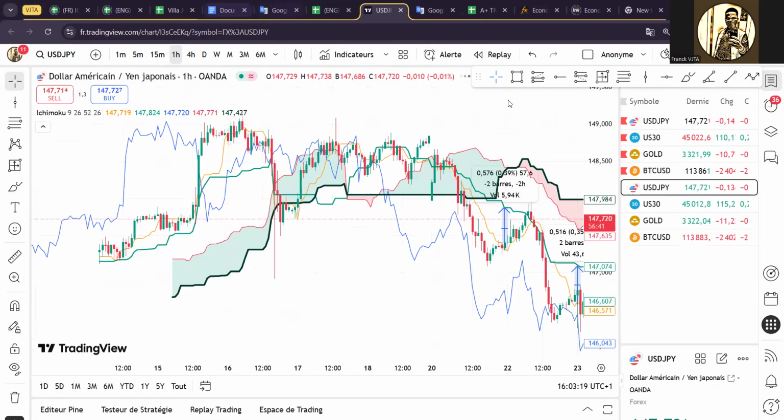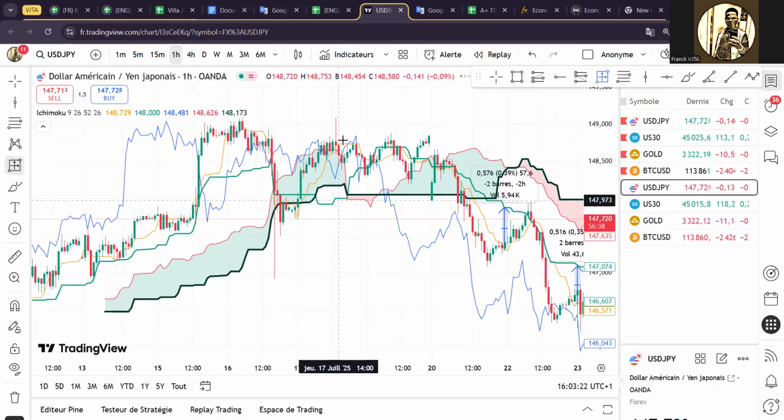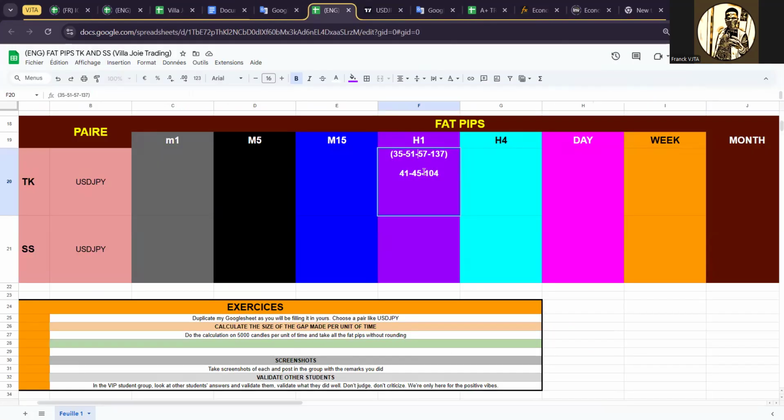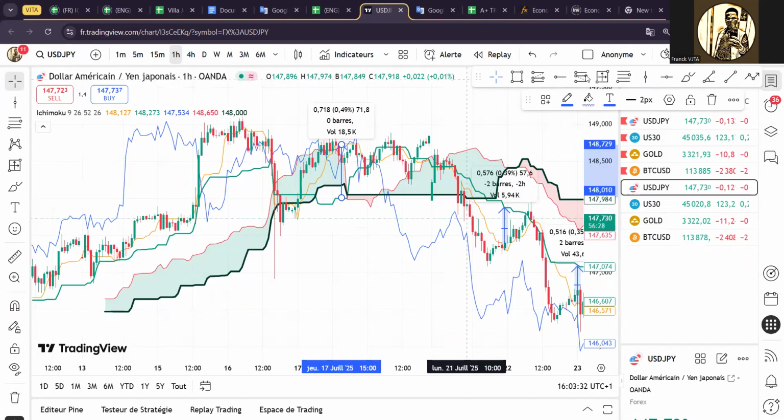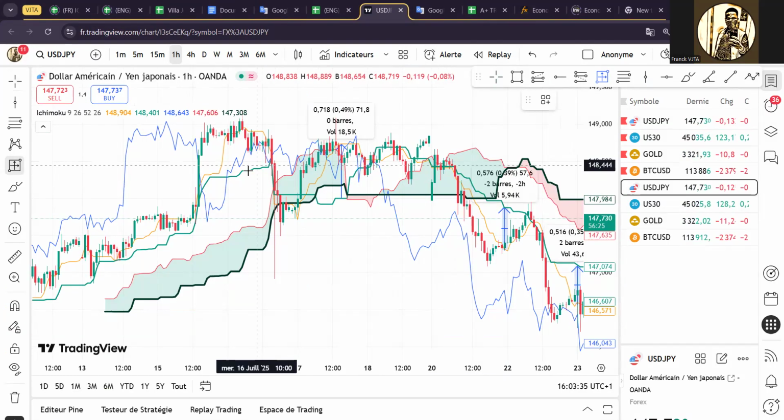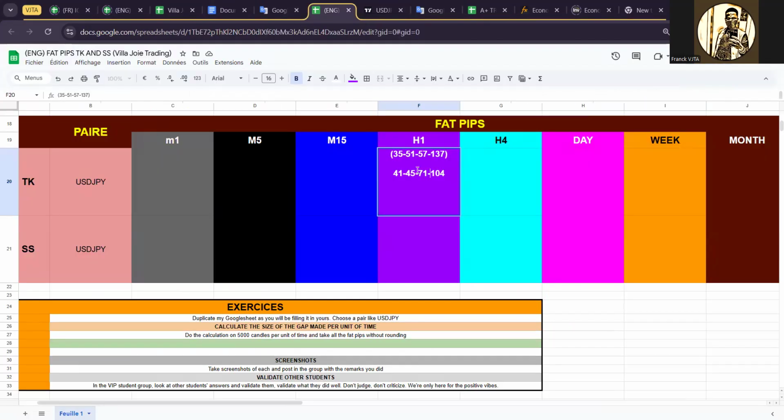So at this level, how many pips do I have for this reversal? 71 pips. So I also have 71 pips here, that made the price go on in the reversal. And just right here, I have 57. 57 for reversal too.